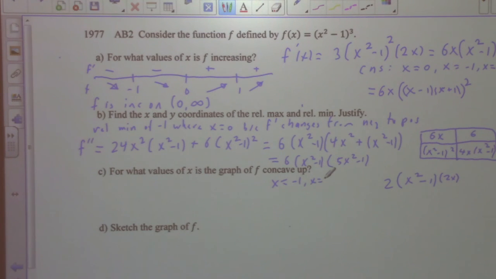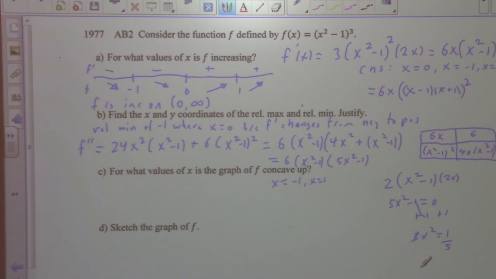X equals 1. And then if we set this equal to 0, if we put 5x squared minus 1, so we have 5x squared minus 1 is equal to 0, add 1, we have 5x squared equals 1, and so we go ahead and divide by 5, right?